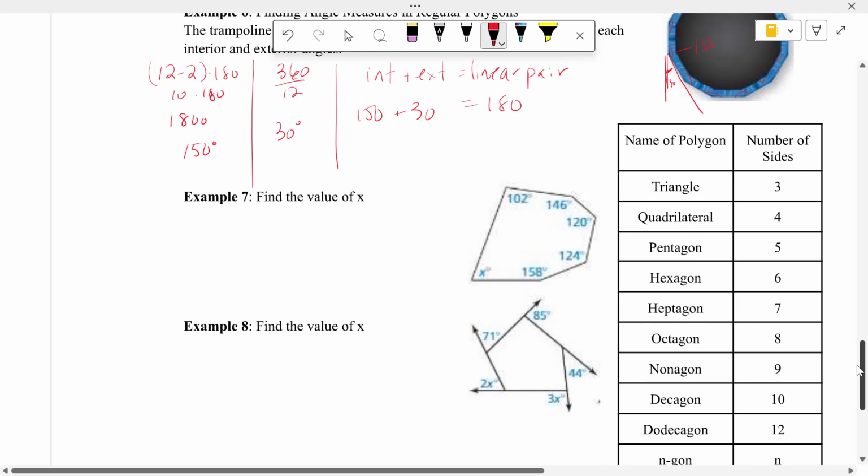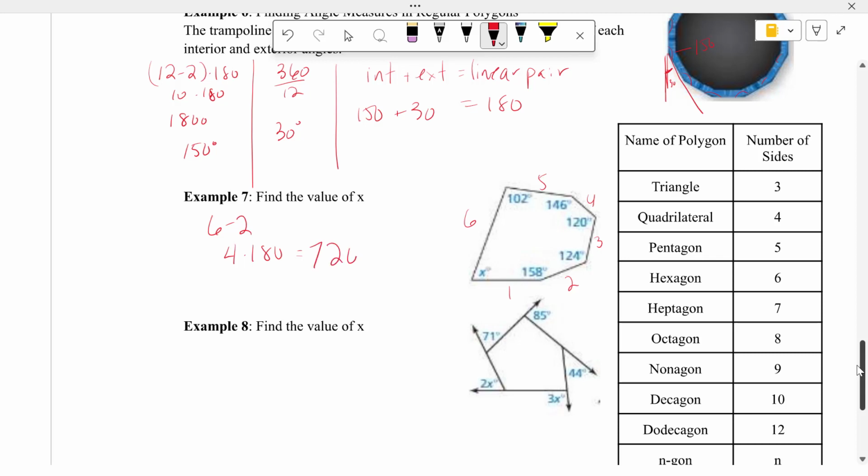All right, so here we're looking to find x, and we're going to see how many sides we have. 1, 2, 3, 4, 5, 6 sides. So 6 minus 2 is 4 times 180. It's 6 sides. 4 times 180 is 720. So these angles should total 720.